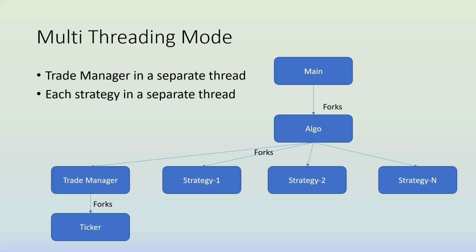So the main application forks a separate algo thread, which internally starts the trade manager and all the strategies that you implement. The trade manager is forked in a separate thread and each strategy in a separate thread, so all strategies run parallelly at the same time.